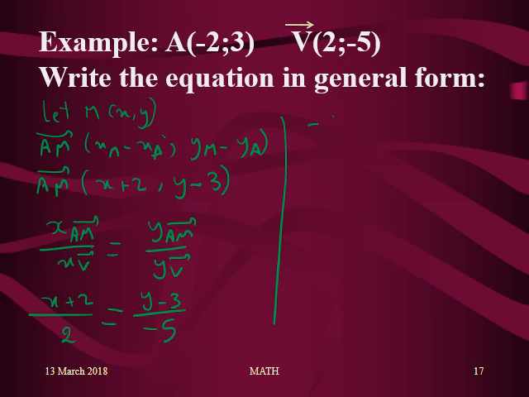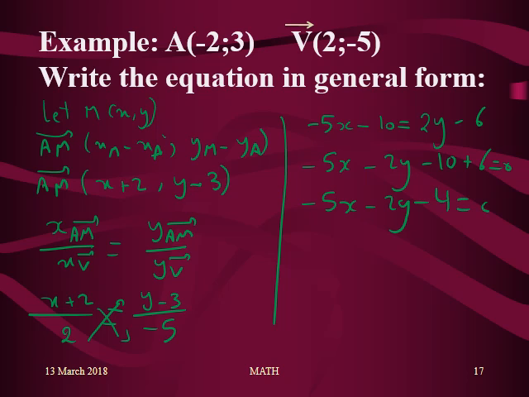So minus 5x minus 10 equals 2y minus 6. Minus 5x minus 2y minus 10 plus 6 equals 0. Minus 5x minus 2y minus 4 equals 0. This is a Cartesian equation.